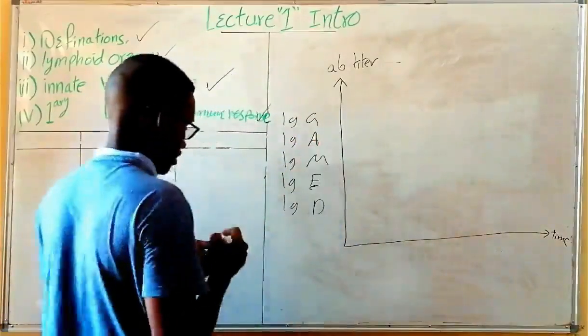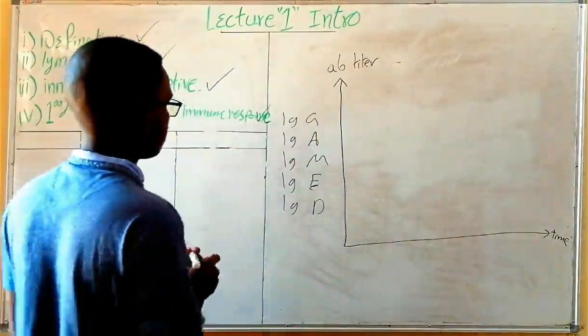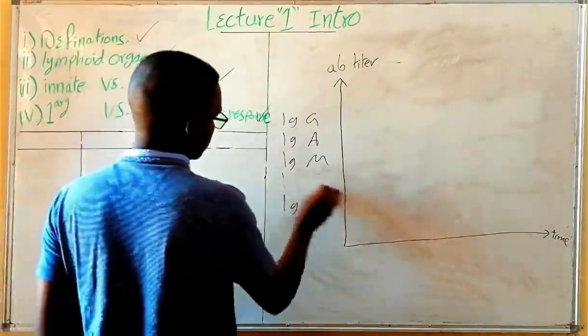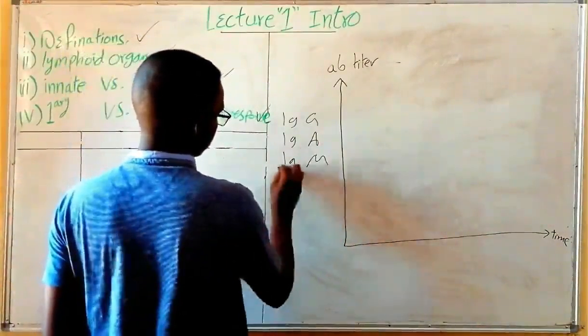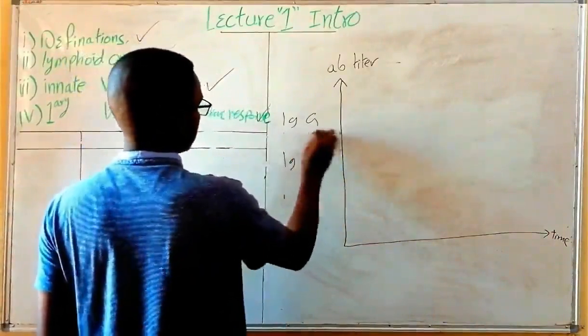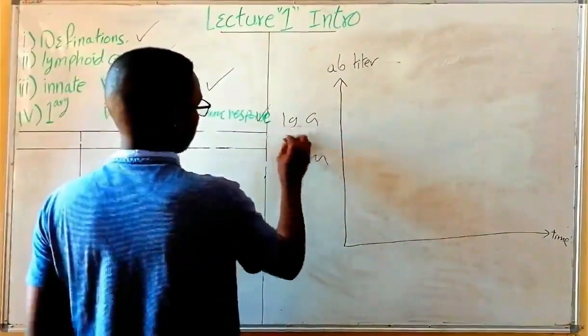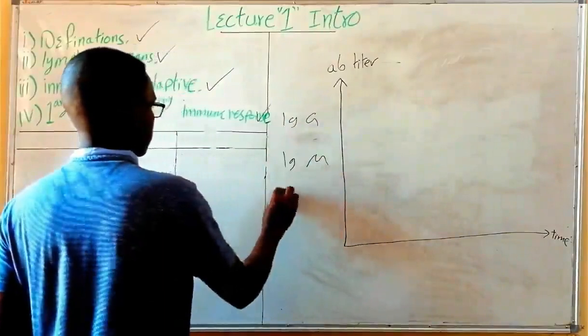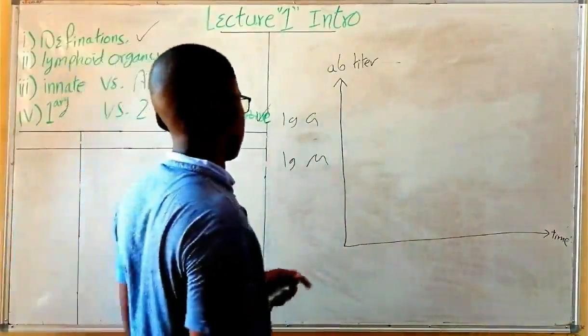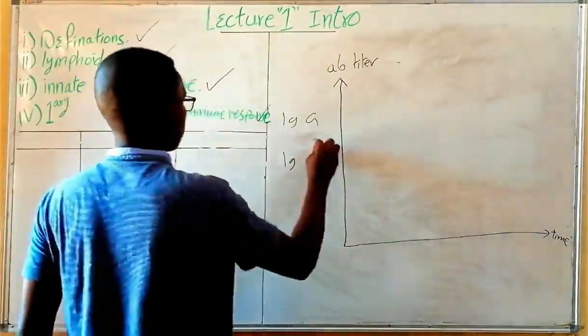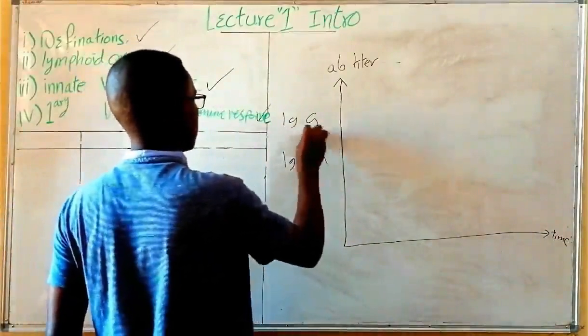Yeah, 5 classes of antibodies. Right here I will focus just on the IgG and IgM, because when it's the first time for a specific pathogen to get in, the body responds by producing IgM first.